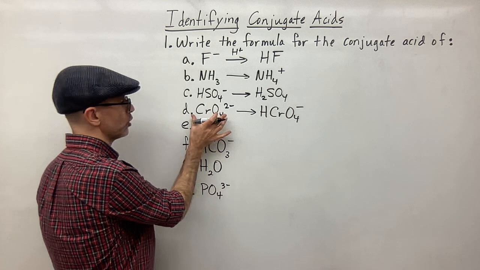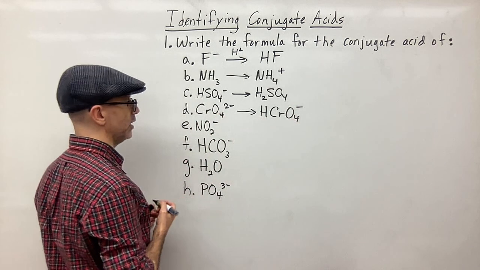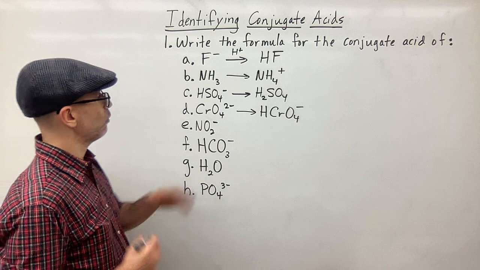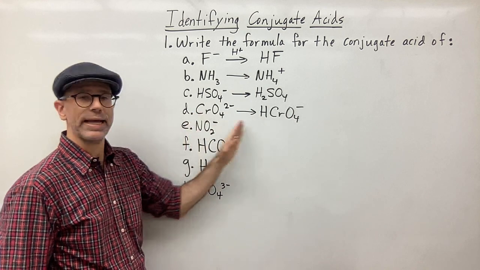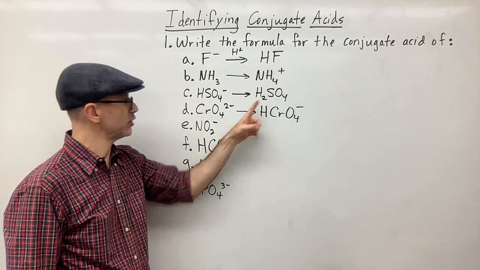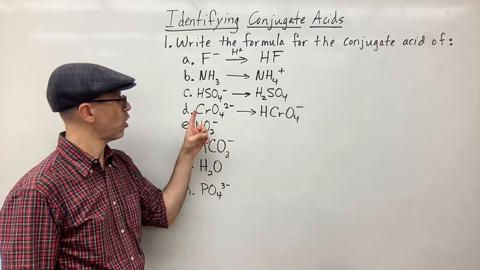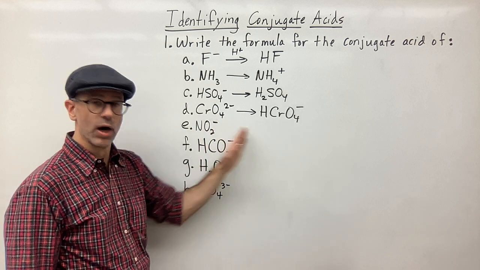So I go from the chromate ion to the hydrogen chromate ion. Now, what I want you to see at this point is I'm only adding one hydrogen. So the difference between your base and its conjugate acid is just one hydrogen.